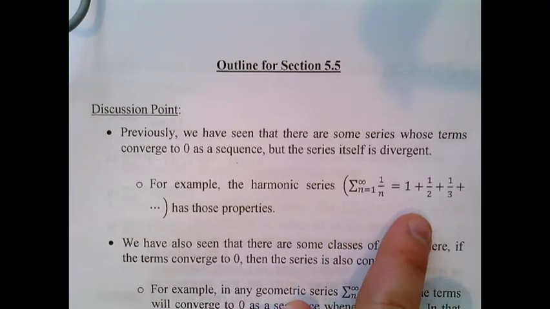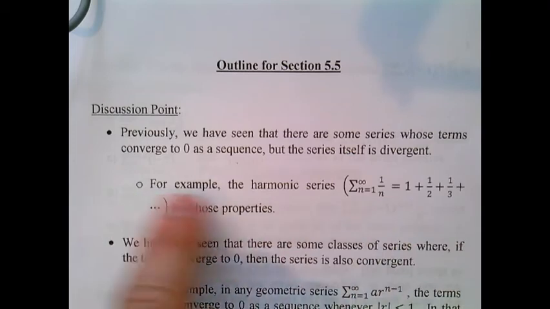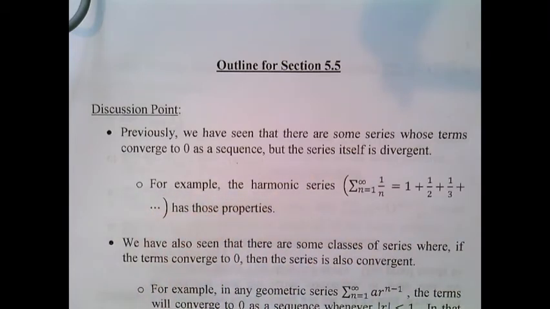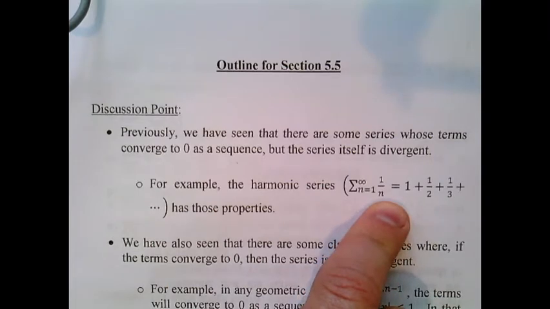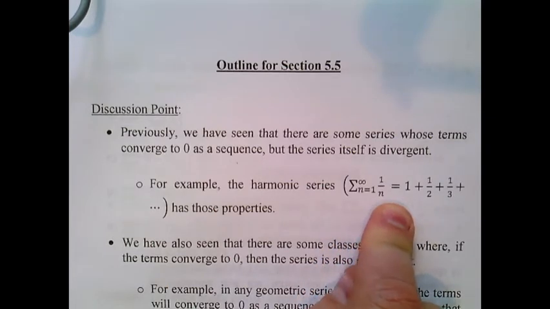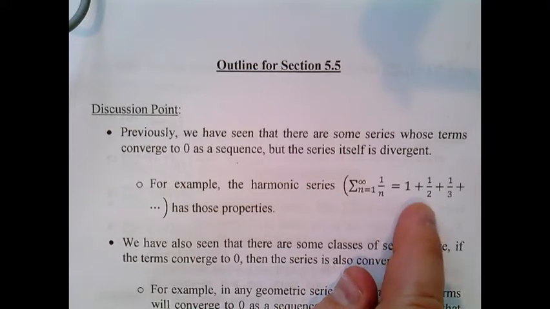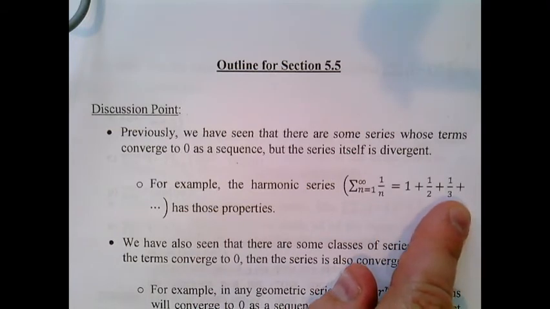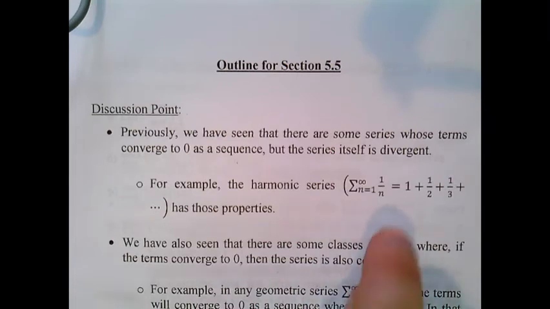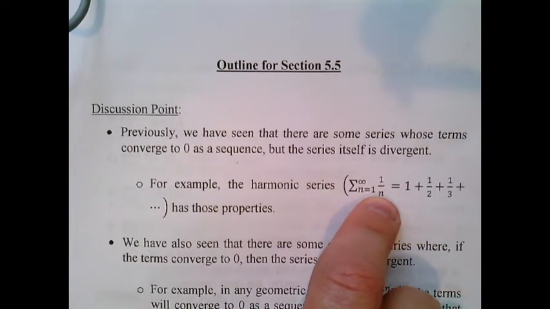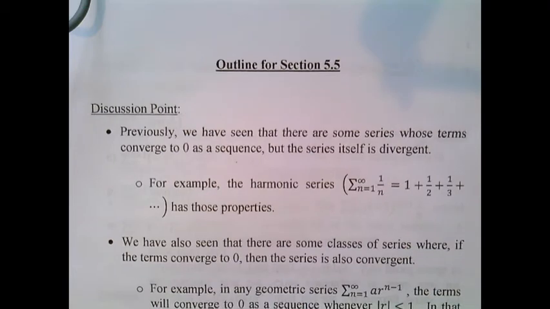So 1 plus a half plus a third plus a fourth and a fifth, and it keeps going. The terms treated as a sequence do converge to zero, but when we add those terms up, the sum is infinity if we add up all infinitely many of them. So the series is not convergent, the series is divergent.